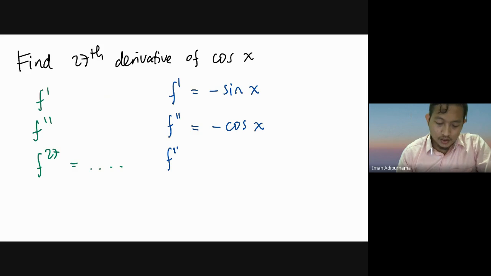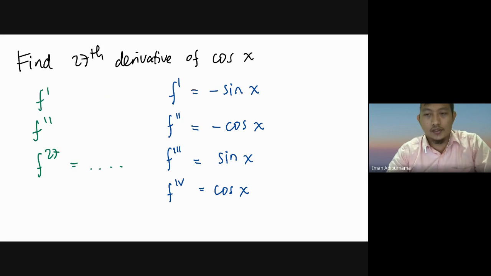We do the third time, it's going to have negative negative, so it should be positive sine. And the fourth time, we get cosine x, right?